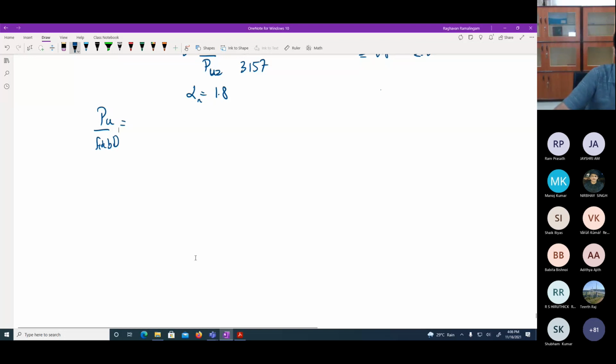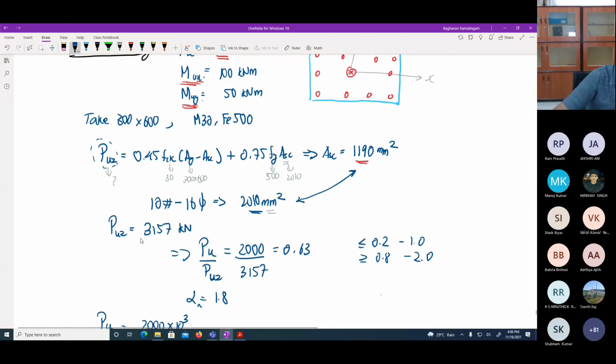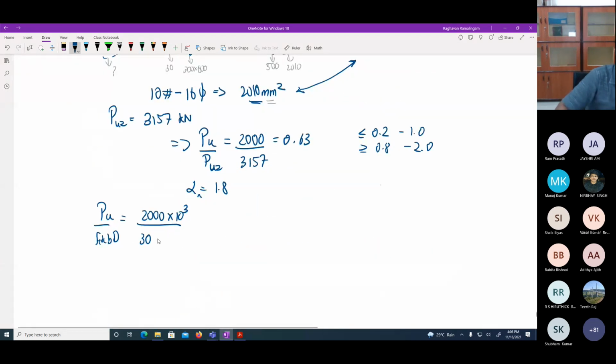I think we had found it in the previous problem itself. So this is 2000 into 10 power 3 divided by fck, which is M30 concrete, into 300 into 600, sorry.